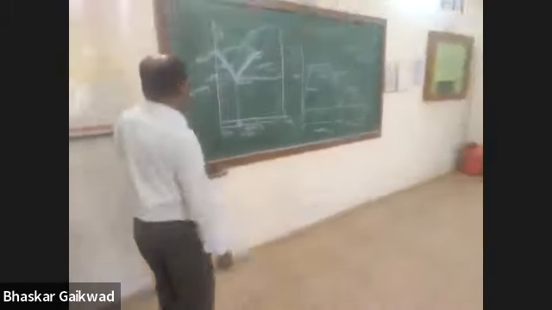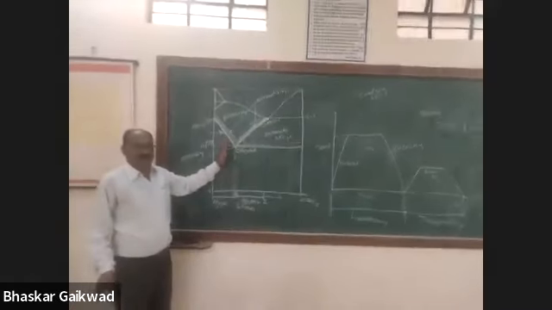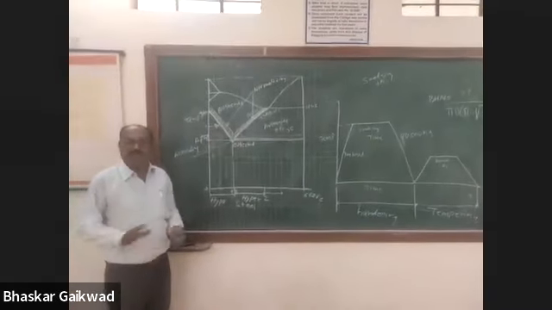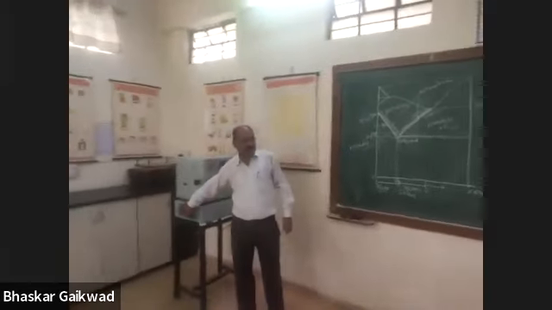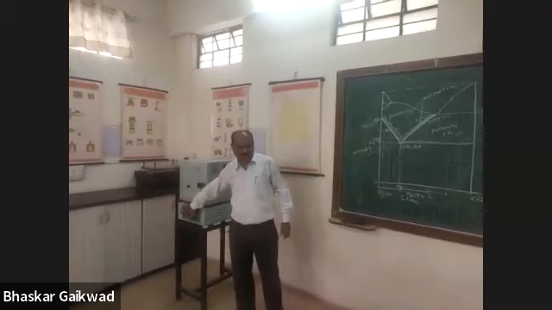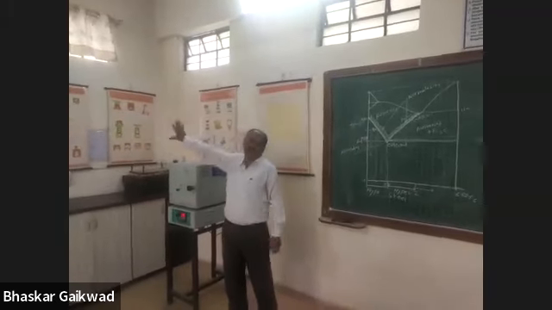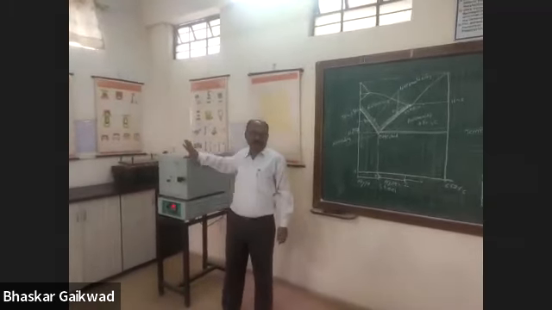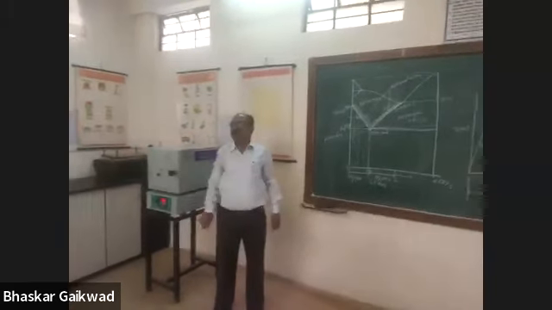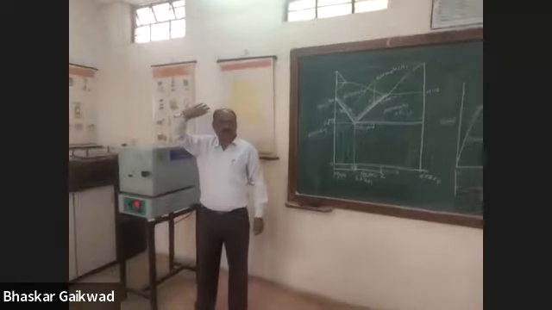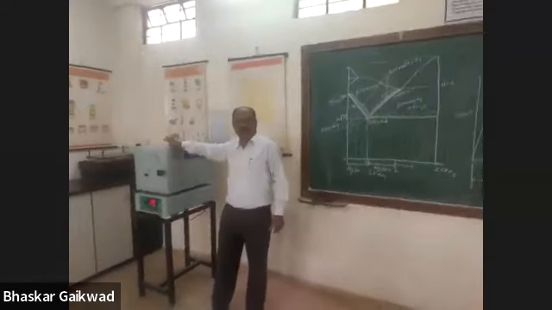And after this, for annealing, you keep that component in the furnace itself. Means we switch off the current, and tomorrow morning we will take out the pieces. Okay, it is furnace cooling.